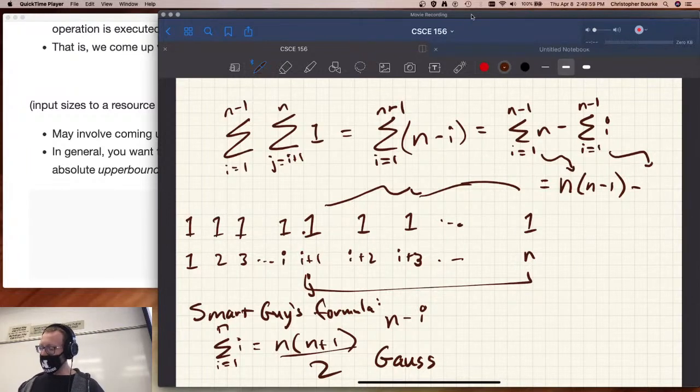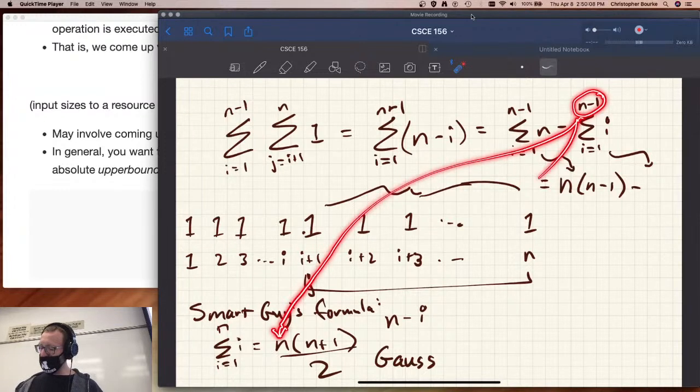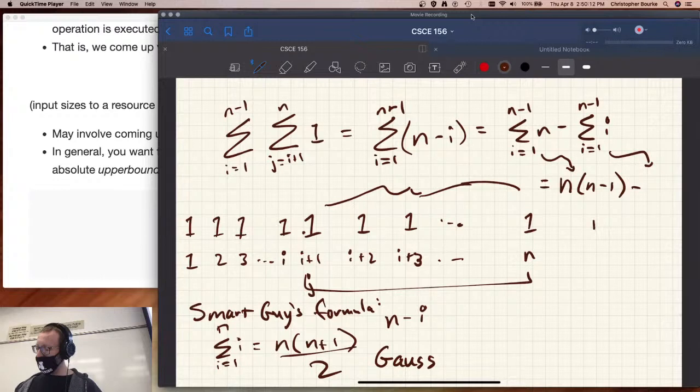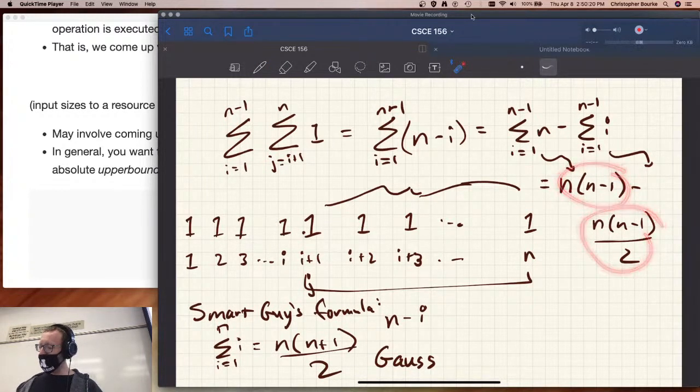But I'm not going up to n, am I? I'm going up to n minus 1. So when I plug n minus 1 into n and n minus 1 into n, what do I end up getting? All over 2. The second one is half the first, so when I subtract them out, well, it's simpler than that.